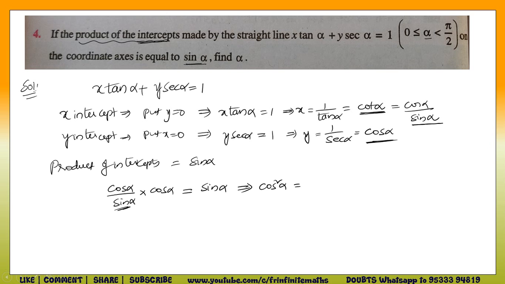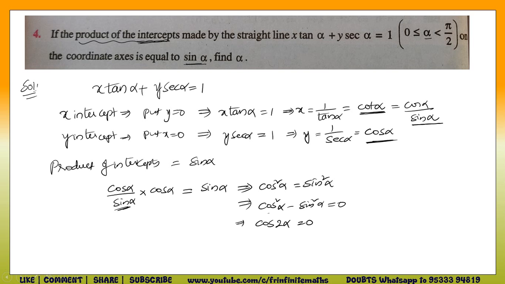If I transpose the sin alpha, this becomes sin square alpha. So cos square alpha is equal to sin square alpha. When I transpose, I can write cos square alpha minus sin square alpha is equal to 0. Since it is of the form a square minus b square, cos square alpha minus sin square alpha I can write as cos 2 alpha is equal to 0.